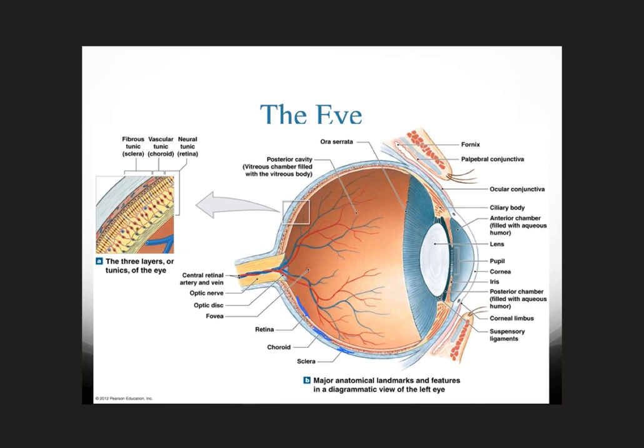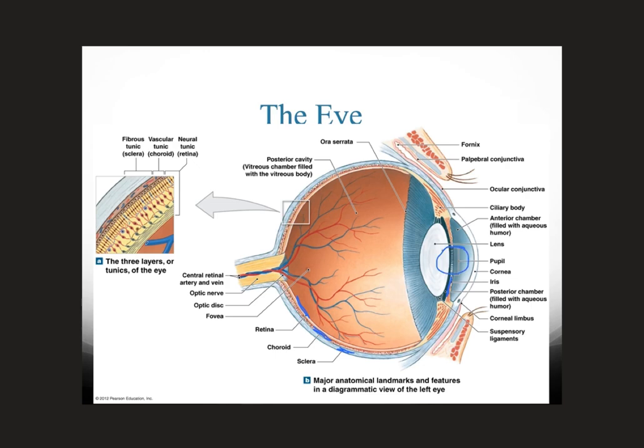Over here in the front, we're going to have the cornea, which is a continuation of the sclera. Then we're going to have another structure here that's called the iris. And the iris is made up of a muscle that's going to contract and control the amount of light that goes in.